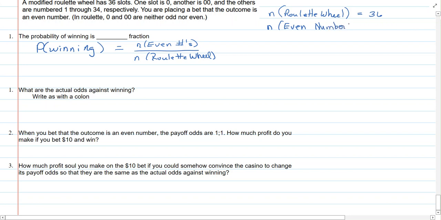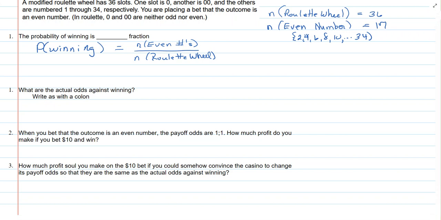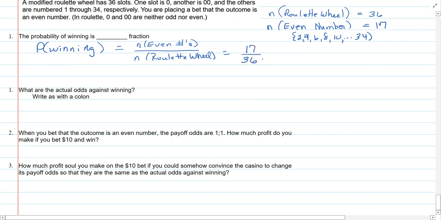The set is 2, 4, 6, 8, because remember the 0 is not included, 10, etc., till we reach 34. So that would make it 17. So we can write our probability as 17 over 36, because they want a fraction. All right, so we got that one.